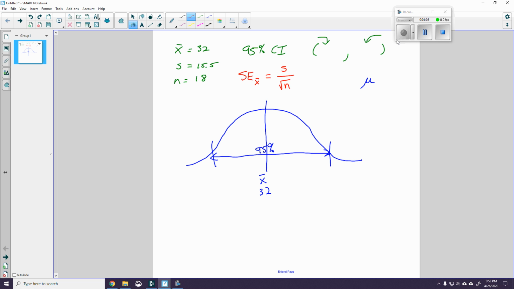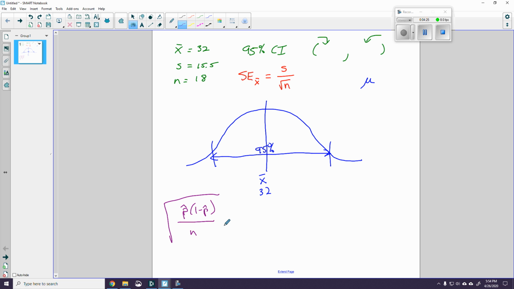This is very similar to what we did for proportions. When we were doing proportions, we did p hat times 1 minus p hat, and again, this whole thing was divided by n, and the whole thing was under the square root. Right now, the square root only has to be on the bottom.